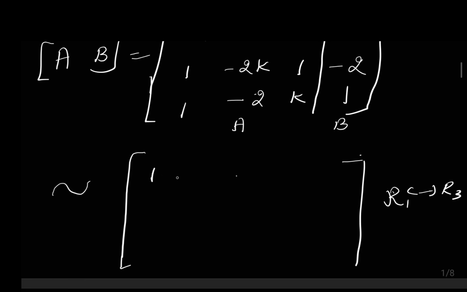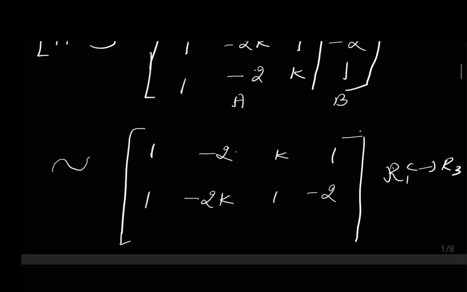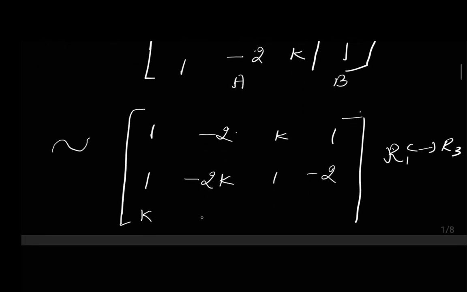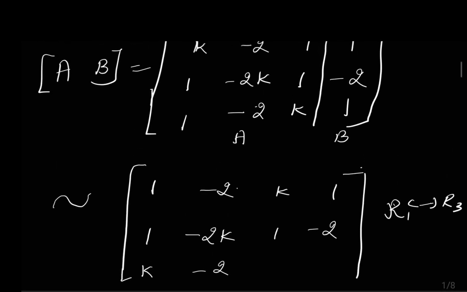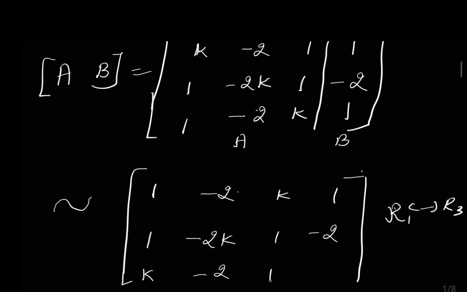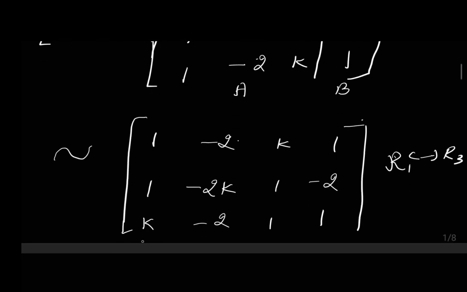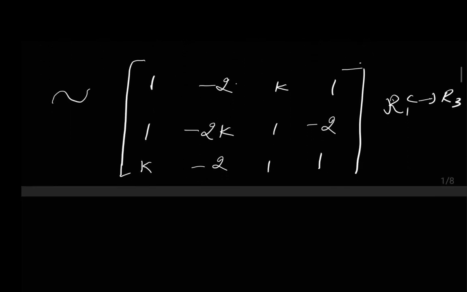So, the third row goes to the first row and the second row is written as it is. Here the third row is k, minus 2, 1, 1. So, this becomes the third row here.